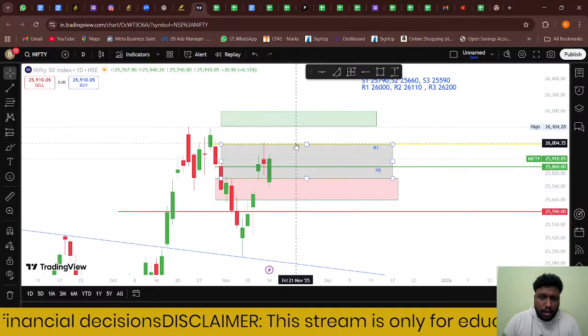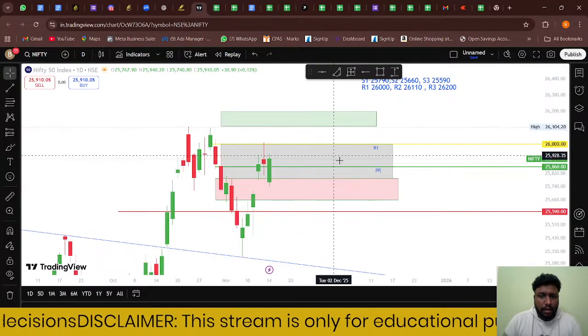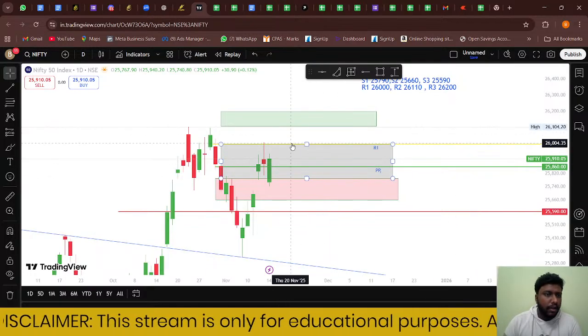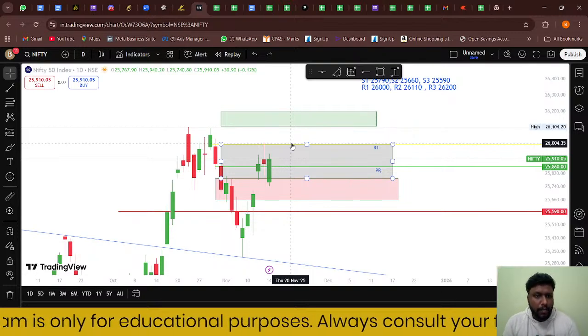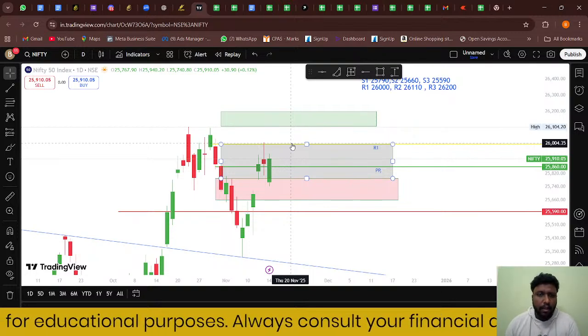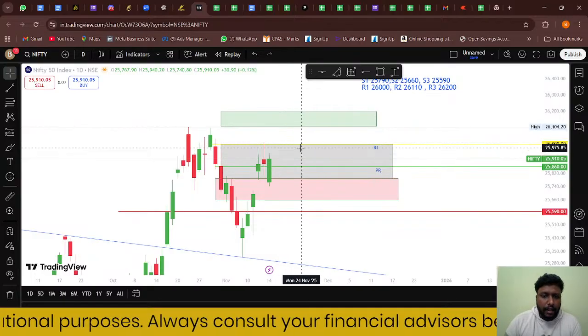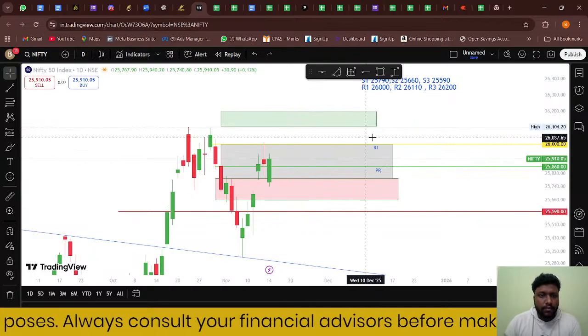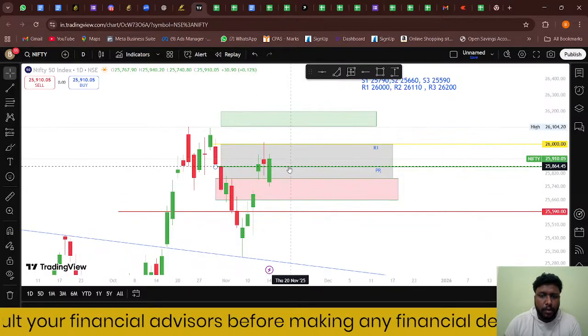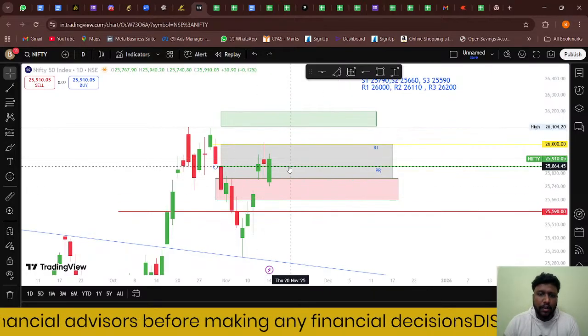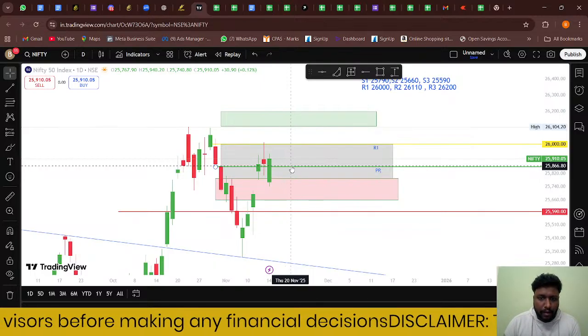After R1, you should be aware that the bullish continuation will be happening with respect to the volume only. So you can plan the trade accordingly, and you can utilize this level for a reversal or for a bullish continuation. Any movement above this level with a higher volume means bullish continuation will be happening.